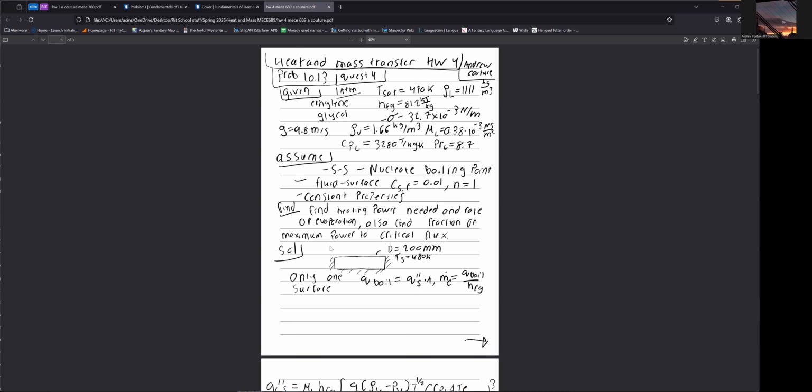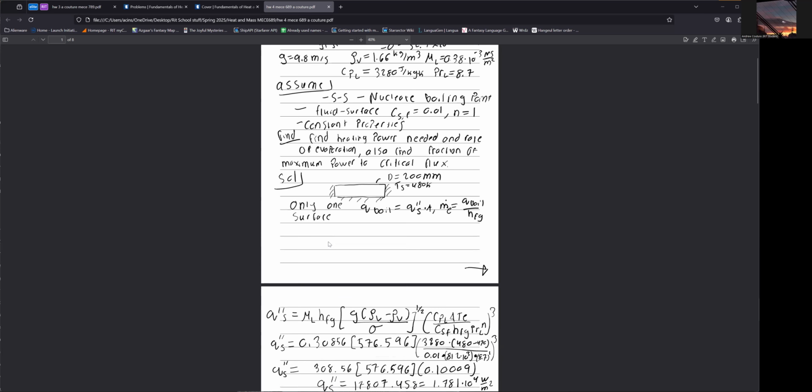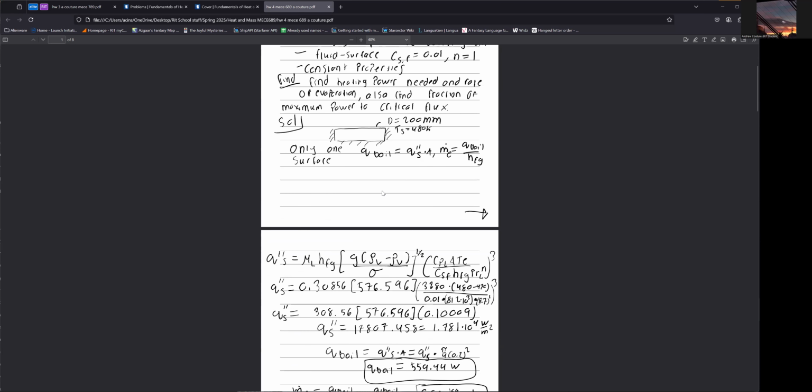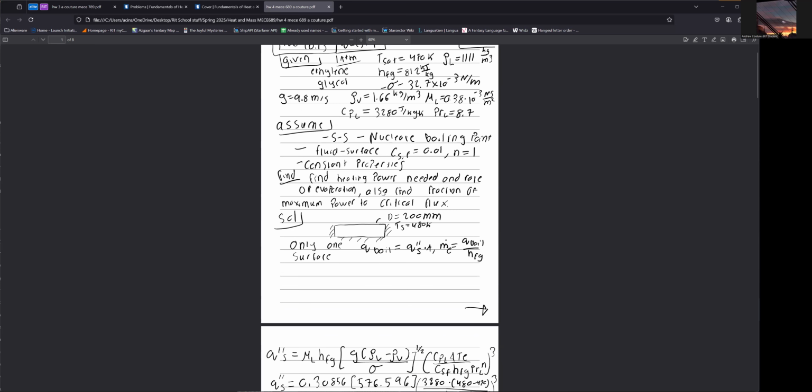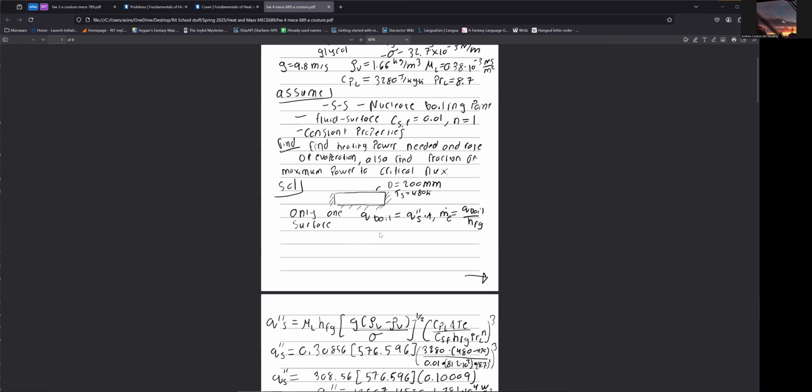And I already discussed what we're going to be finding. So there's only going to be one surface. Again, there's a pool of ethylene glycol. I'm not a chemist.